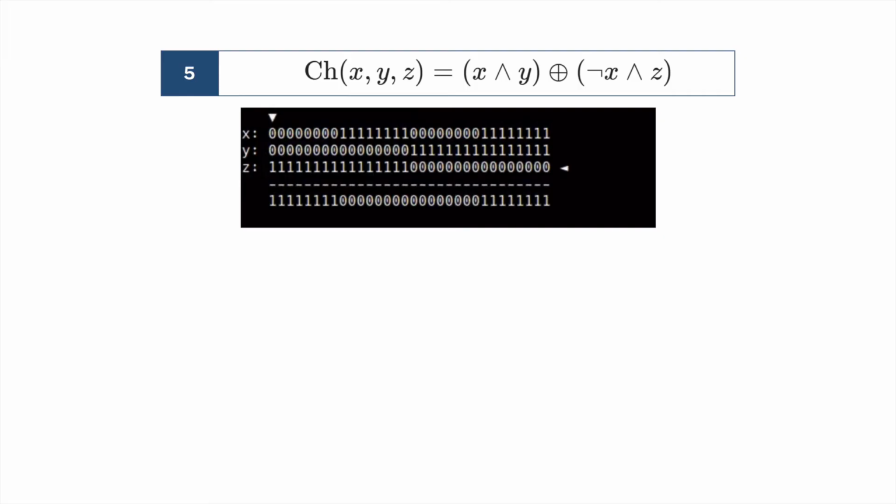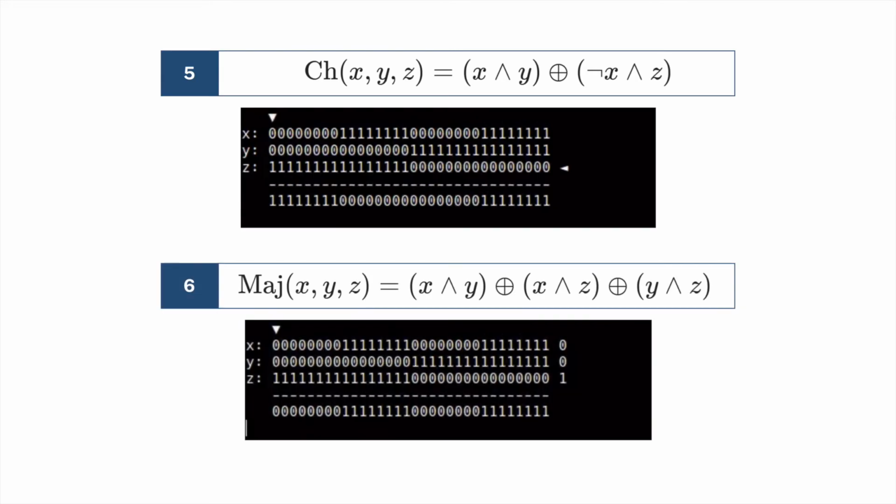However, there is a simpler way of interpreting this function. Every bit in the result depends on the value of the bit at that particular place. If the bit in x has a value of 1, the resulting bit will be whatever value is in y. Else, if the value in x is 0, the result would take the value of z at that place.